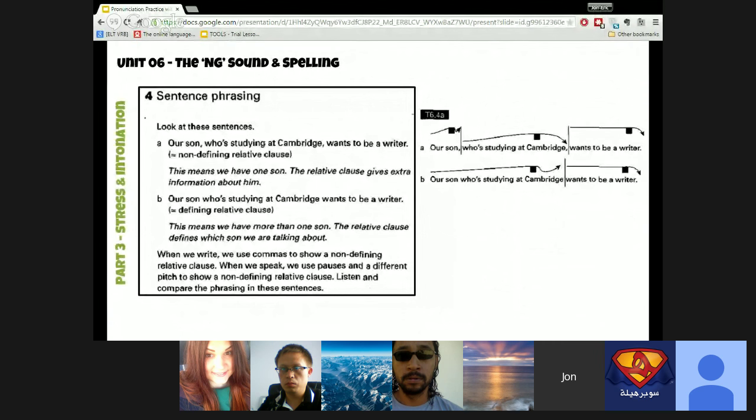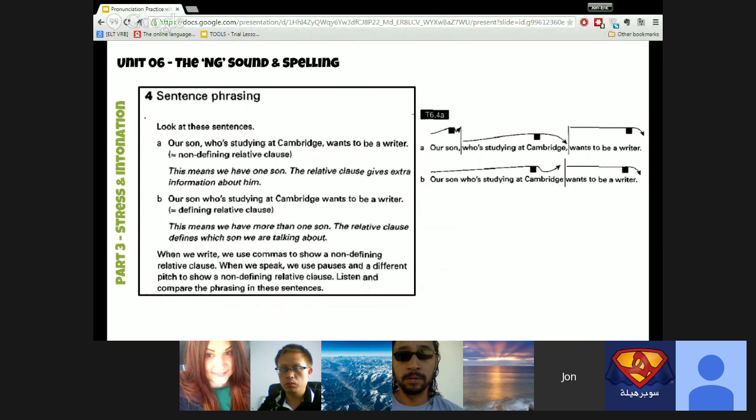Now, we're going to start with a rule. In fact, let's just read it and practice it together and make sure that it makes sense. Okay? So, Mr. Anas, can you read the first rule, Rule A, under sentence phrasing. Let's make sure this makes sense. Look at this sentence.